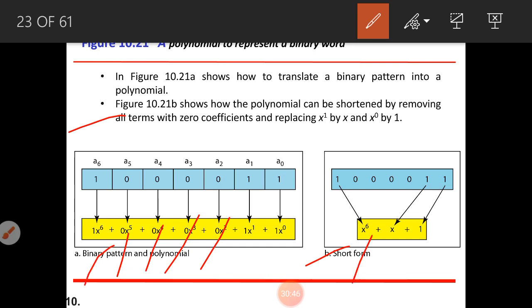The x raised to 6, x raised to 1, that is x, and x raised to 0 is nothing but 1. That is x raised to 6 plus x plus 1. This is the short form of the polynomial. We need to remove all the 0 coefficient terms, and after that what we get is the short form of the polynomial.